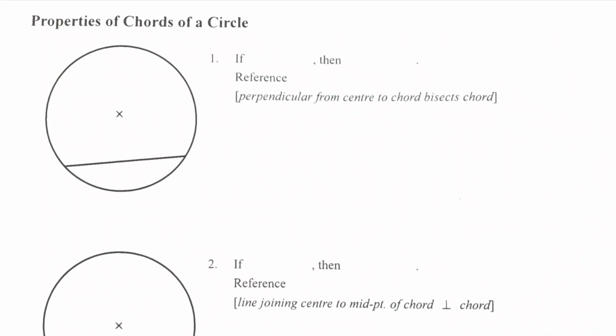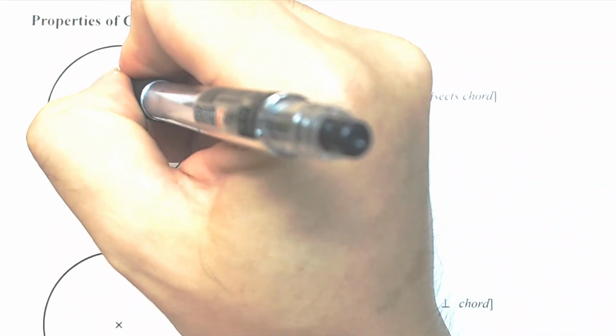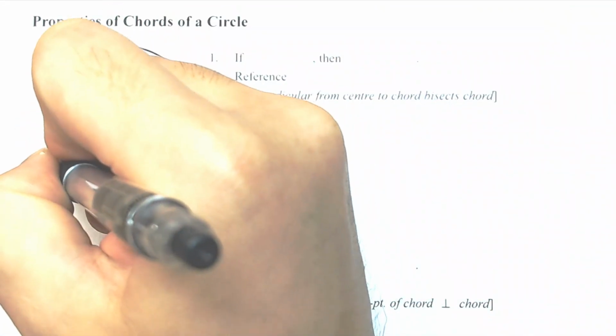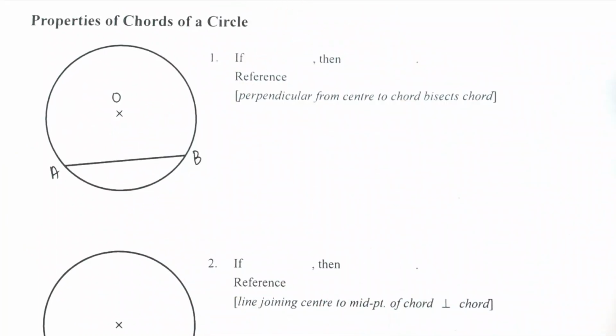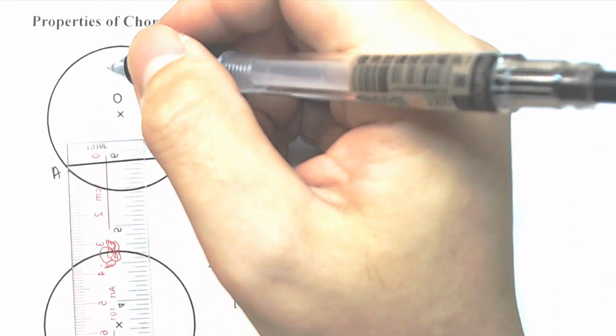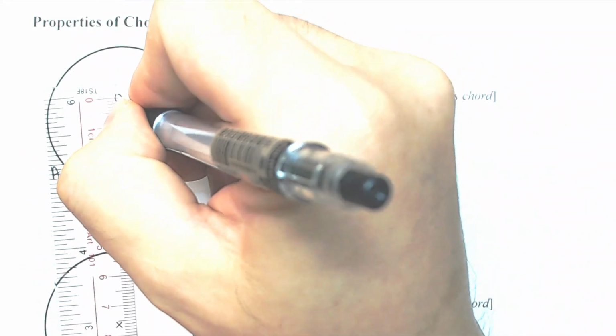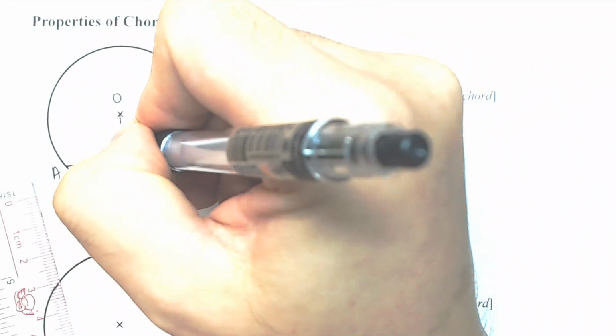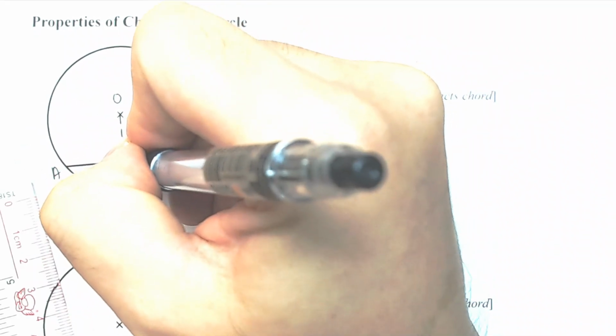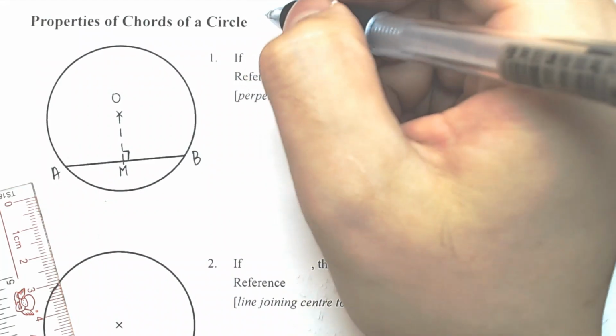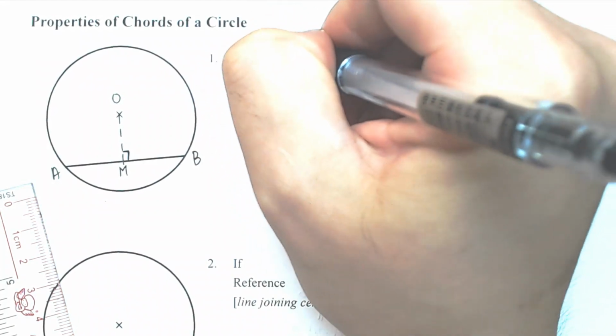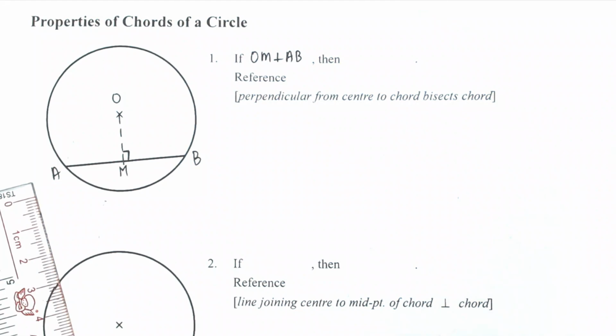The property of a chord of a circle is that if we have a center O and we have two endpoints A and B as a chord, and if we try to draw a line segment from the center to the chord, which is a perpendicular distance, and I mark this point M. If we have a line OM which is perpendicular to AB, then something happens.